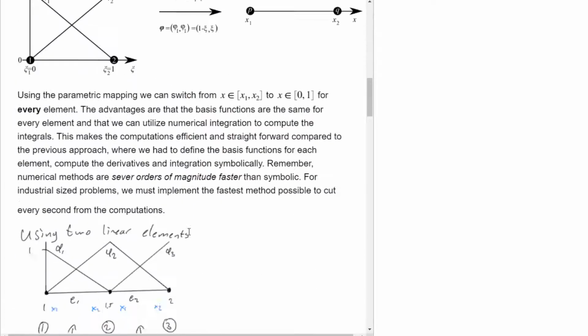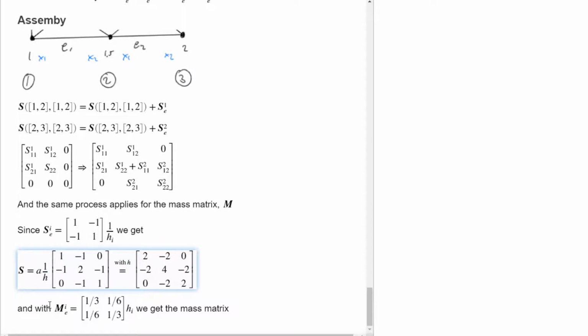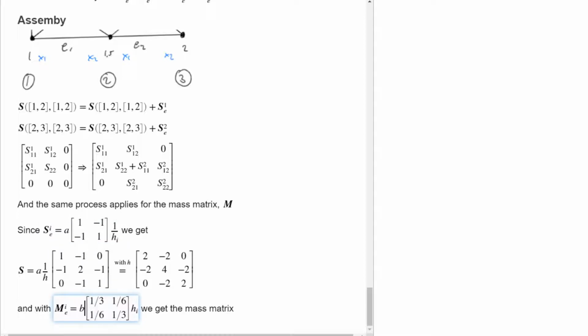And this will all propagate down to a constant being here. We would have a here, and we would really have, well, a here as well, and b here. So that's what would happen.